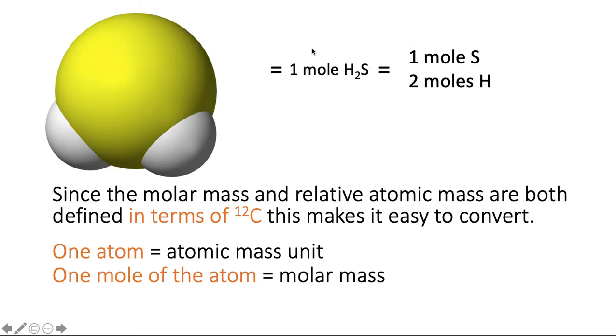Therefore, if I'm now talking about moles, which is nothing but 6.022 times 10 to the 23rd, that gives me 1 mole of sulfur and 2 moles of hydrogens, because 1 molecule has 1 sulfur, so it's a 1-to-1 ratio. 1 molecule has 2 hydrogens, so it's a 1-to-2 ratio. So I'll have twice as many hydrogens per every molecule.